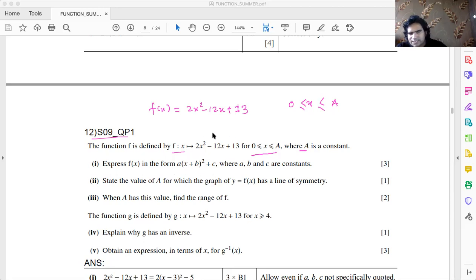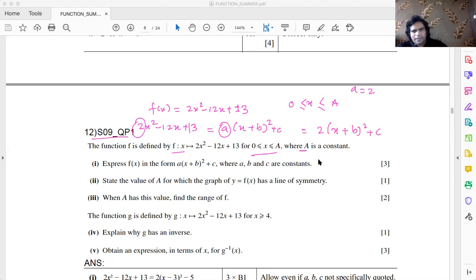So what we do is, once again, 2x squared minus 12x plus 13 is written in the format a(x plus b) the whole squared plus c. Since you can open the bracket, you'll notice that a is the coefficient of x squared, so a is straight away 2. So we get 2(x plus b) the whole squared plus c.